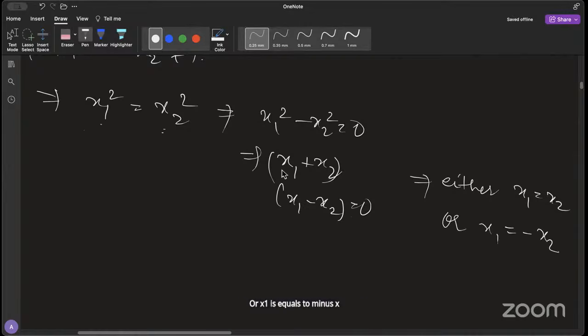Either this one is 0 or this one is 0. Is this okay? That means you have two ways to get this 0. So either you can take x1 to be equal to x2, or x1 square and x2 square are going to be equal even if x1, x2 are not equal, but x1 is the negative of x2, right? So that means not one-one.